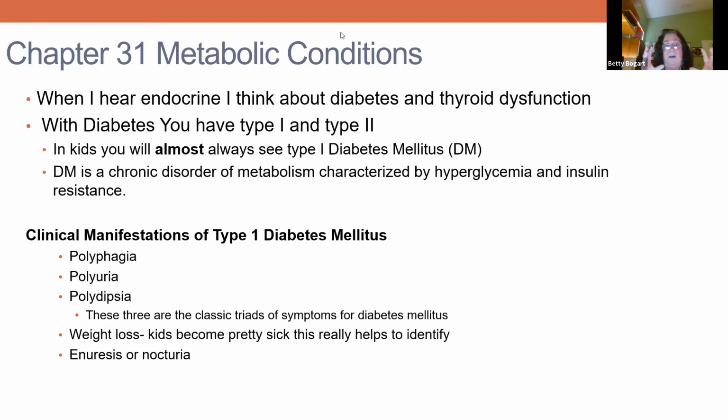The triad of symptoms that you see are 3 Ps. They are hungry, they urinate, and they're thirsty. And the reason why they're hungry is their sugar's not being digested. It's just sitting in the body. So they keep eating to try to get food.